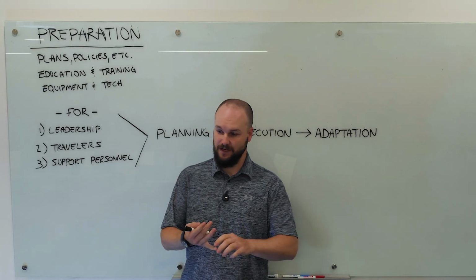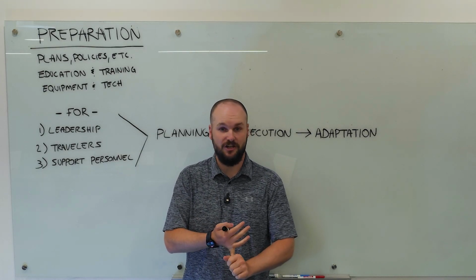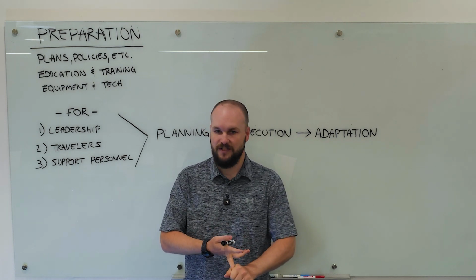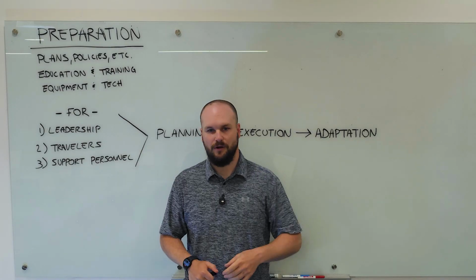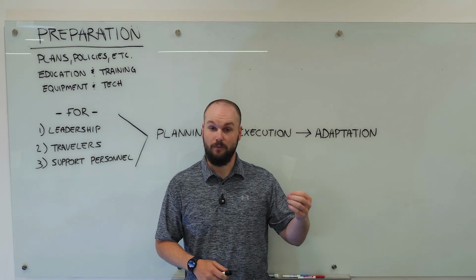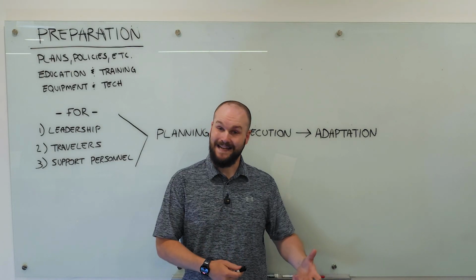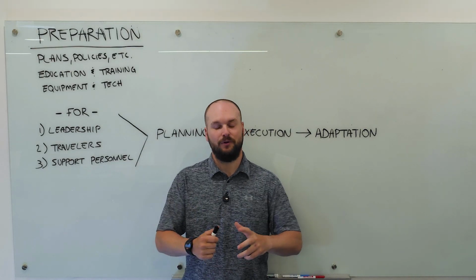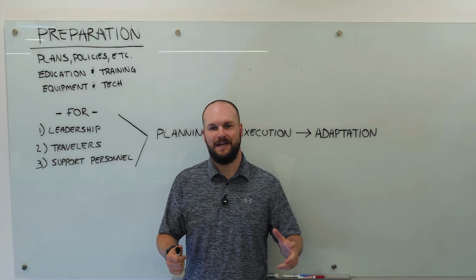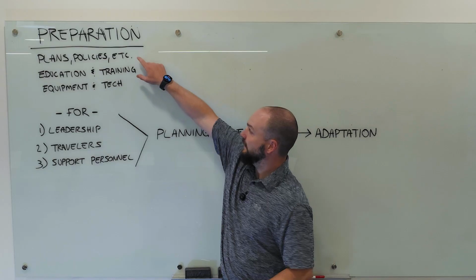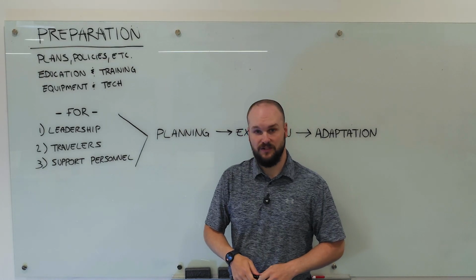What I mean by that is the ability to monitor locations, the ability to track your travelers, the communications technologies that you use. Maybe you're a business where you send people out into remote locations. Can they travel with a satellite phone? Can't they? Some places that's not cool, but understanding all of the technologies that we need to help us facilitate the travel, we want to have that outlined and as part of our policies and procedures.